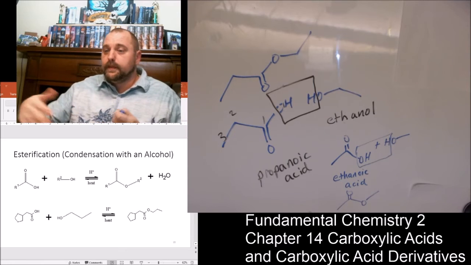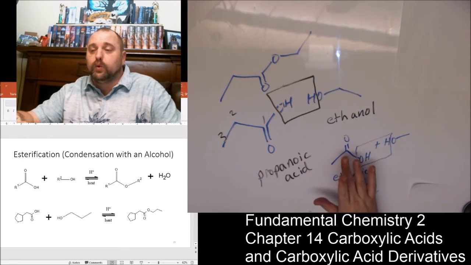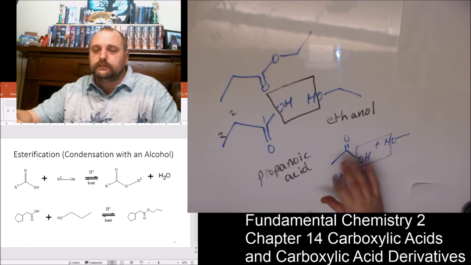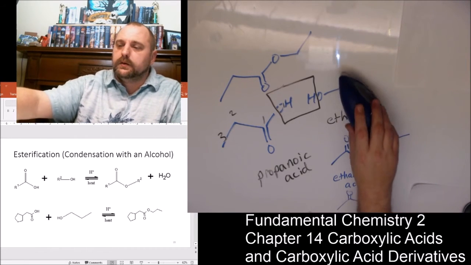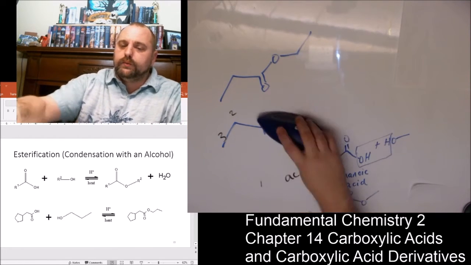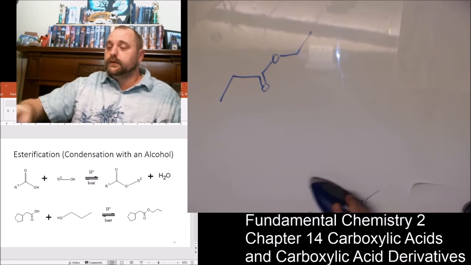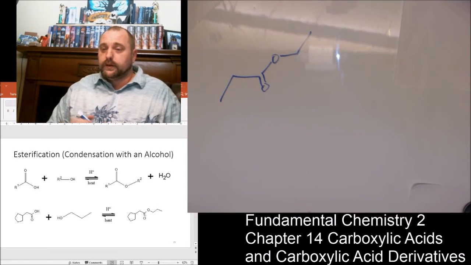All right, so this concept of where the acid came from and where the alcohol came from will be important later, and we can also use this if we're trying to reverse this reaction. Reversing the reaction is actually quite simple.